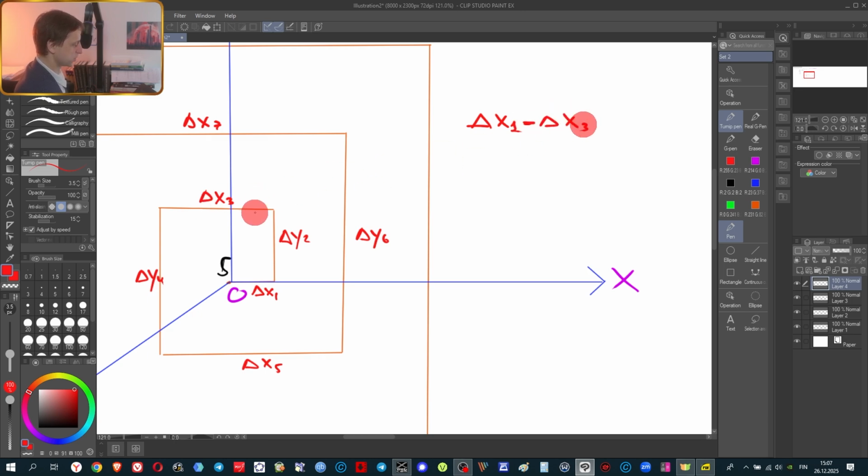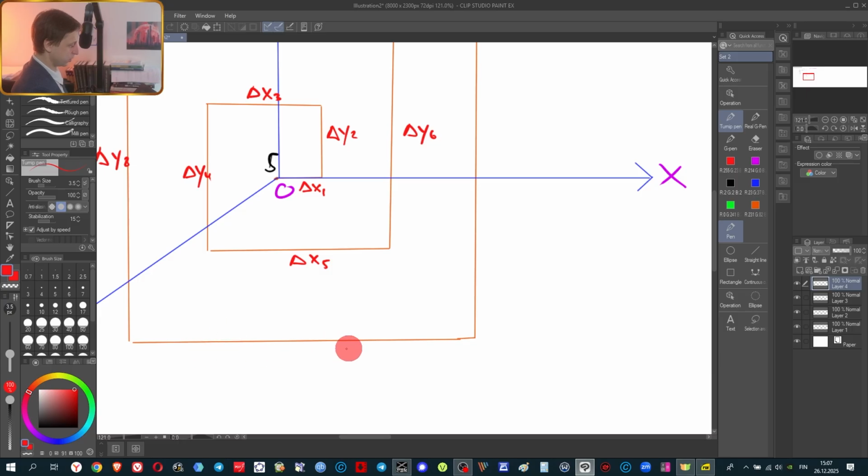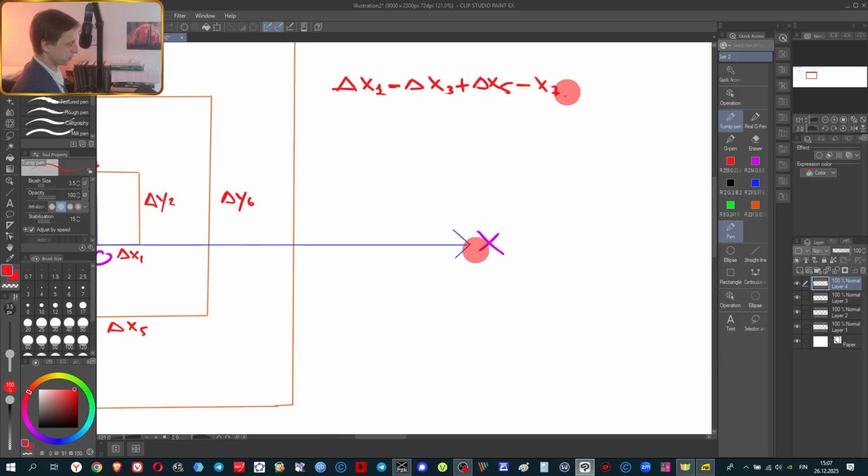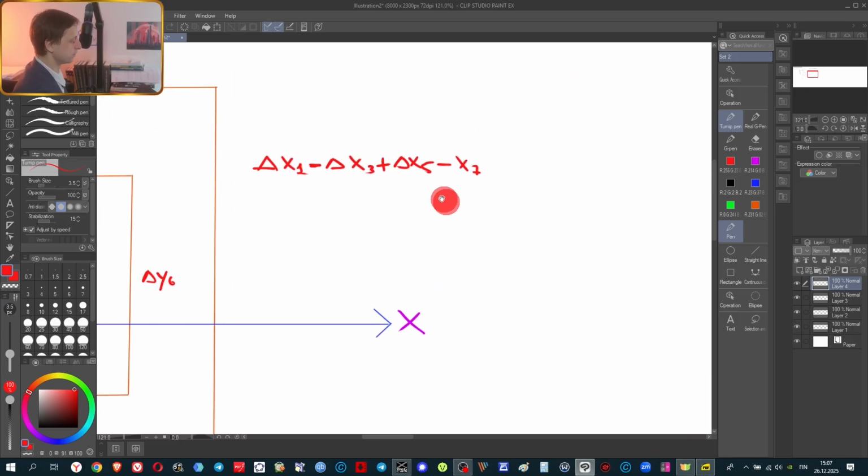Because it's opposite to the x-axis, we get it with a minus sign. If it's along the x-axis, we get it with a plus sign. So delta x1 minus delta x3, again to the right, along x, we get plus delta x5 minus delta x7, and then we have here plus delta x9 and so on. So we understand the pattern.